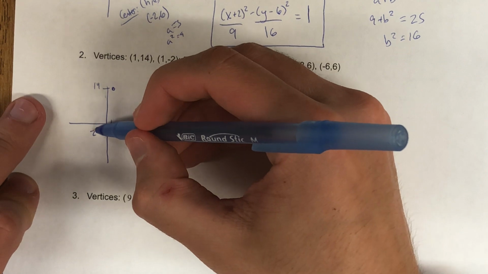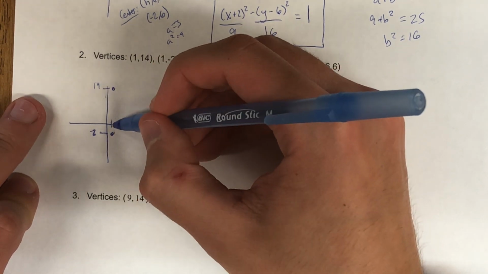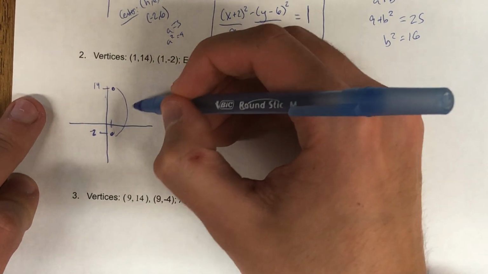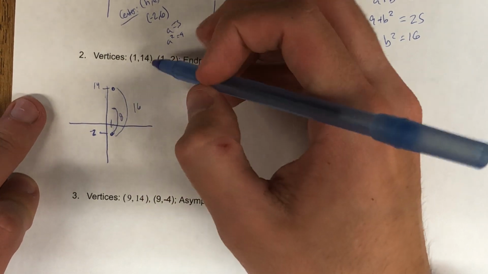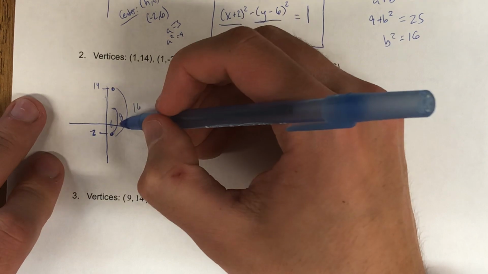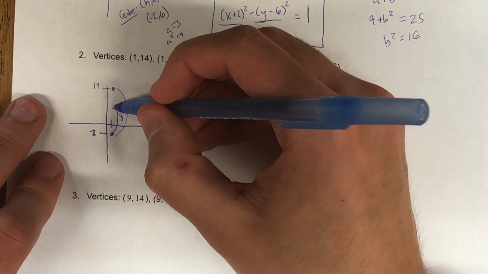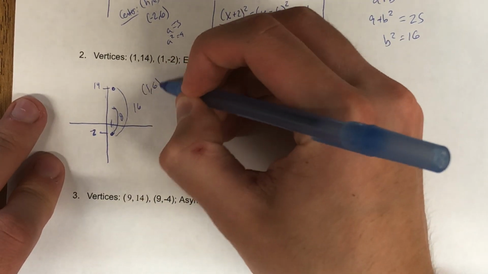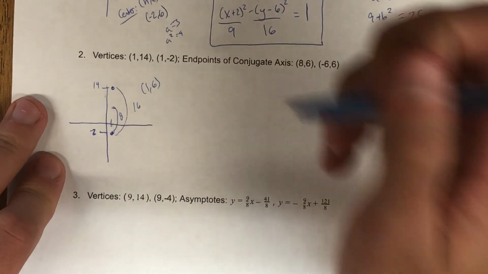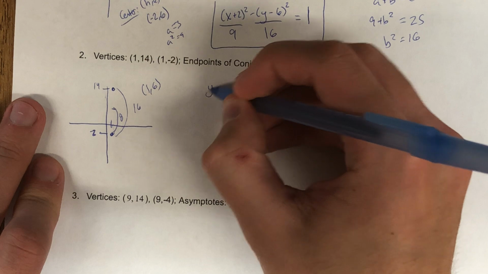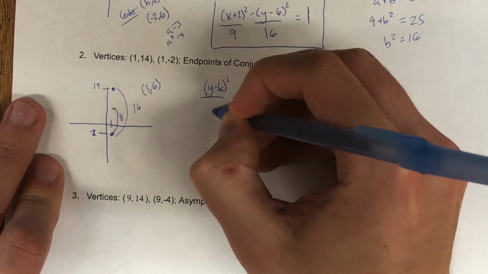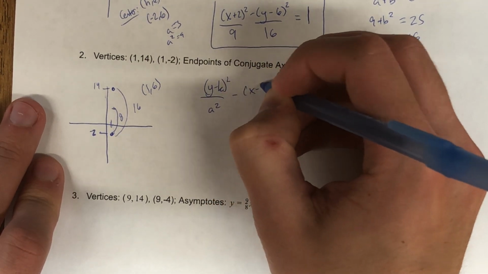The distance from negative 2 to 14 is 16, so half that distance would be 8 to get us to our center. Our center would be at 1, 6, because negative 2 plus 8 is 6. And this is a vertical hyperbola, so we know our y term has to come first.